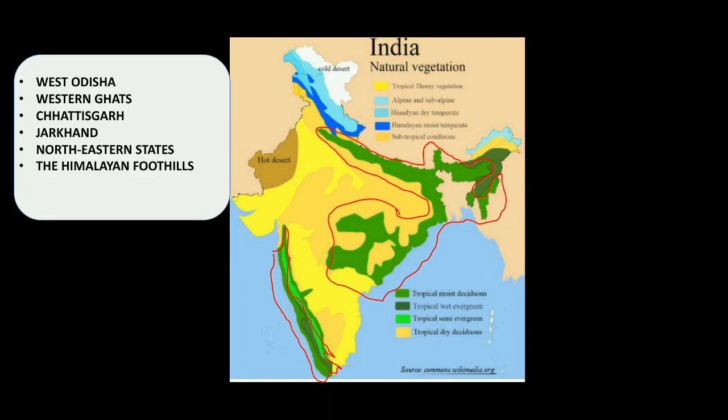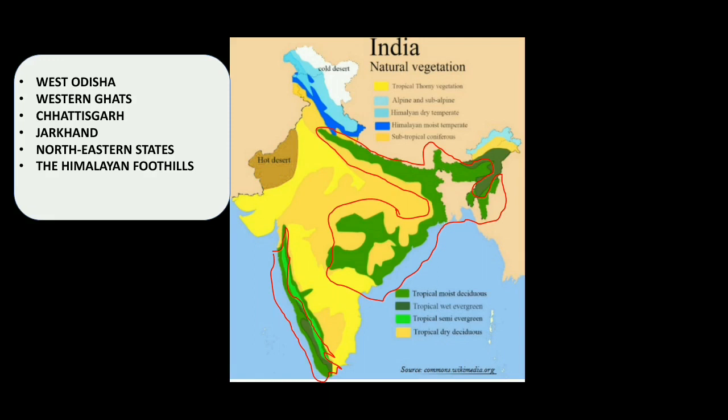It starts from the parts of Mumbai, extending up to Kerala. Then we have Chhattisgarh, near Kolkata, and Jharkhand. Even northeast states are also included, states like Mizoram, Meghalaya, Assam, Sikkim.